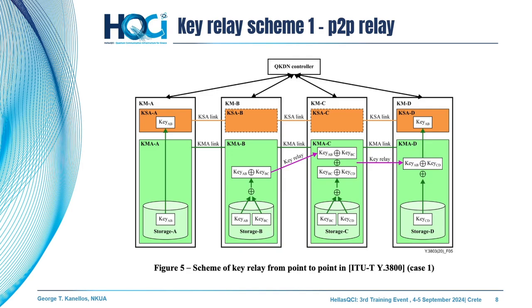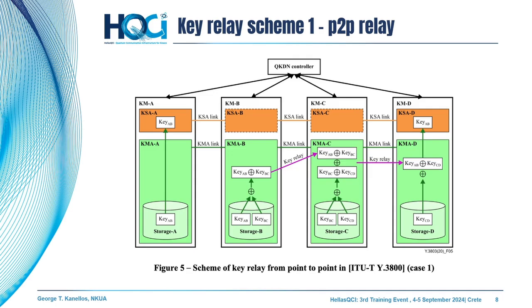So the first option is to do the point-to-point relay in a way that we use the second pair to encrypt the keys that were produced from the first pair. And in this way, propagate in sequence the key of the first pair all the way to the receiver end.